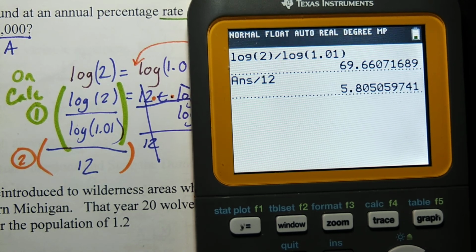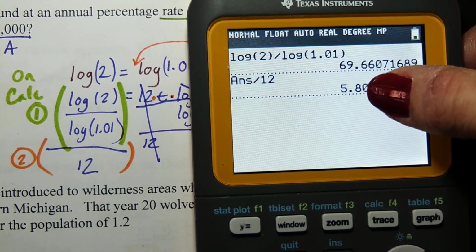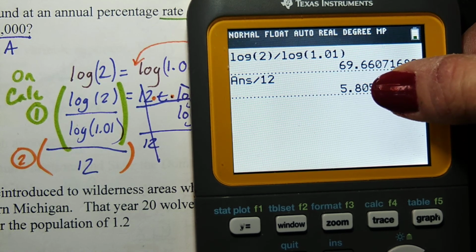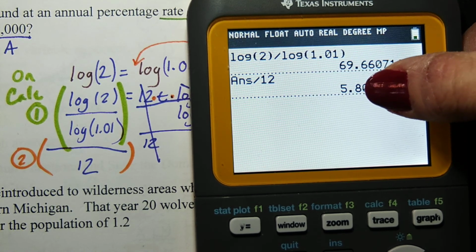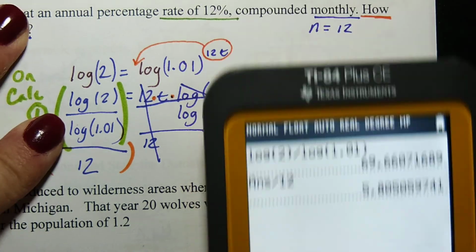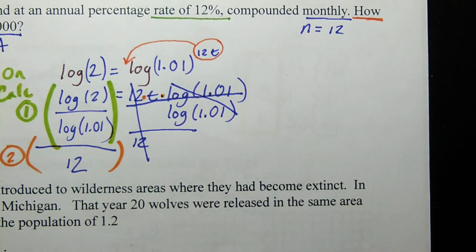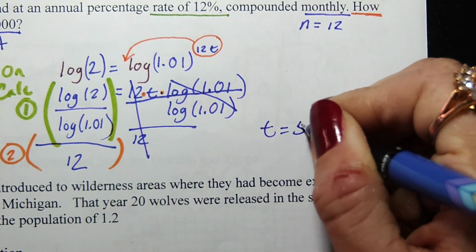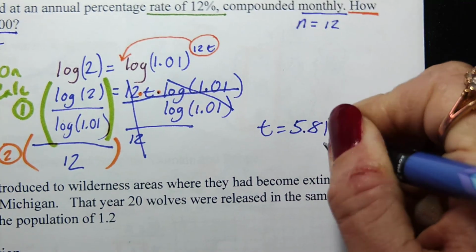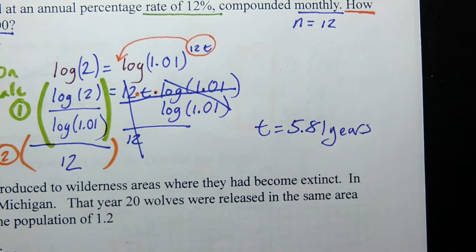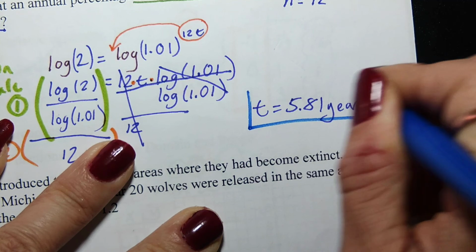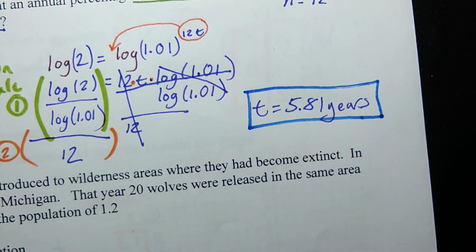And that gives me, rounded to the hundredths place, 5.80. The 5 is enough to bump up that digit, so it bumps up to be a 1. So 5.81 years. So that's how long it would take for the investment to grow by that amount.